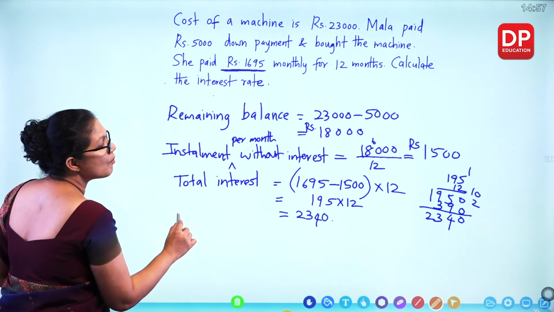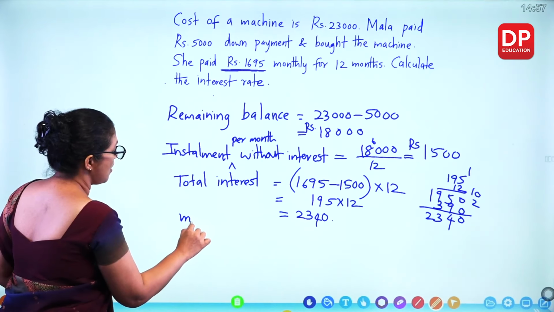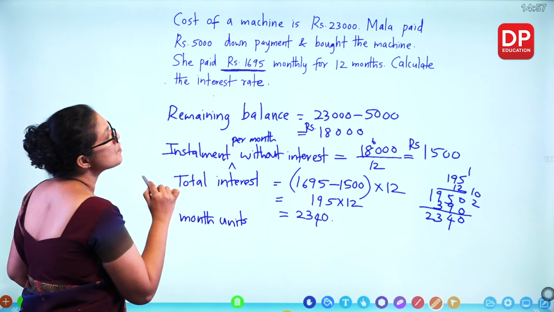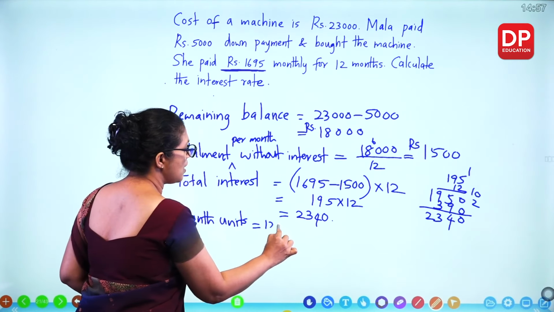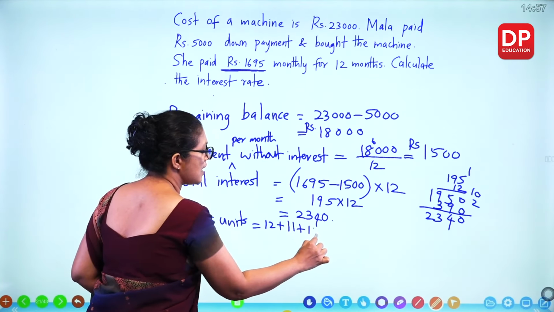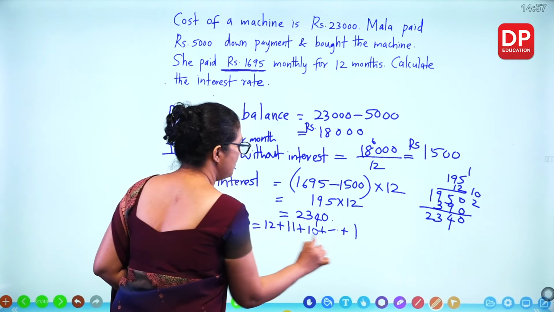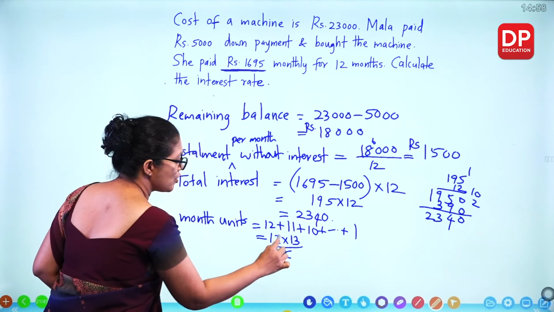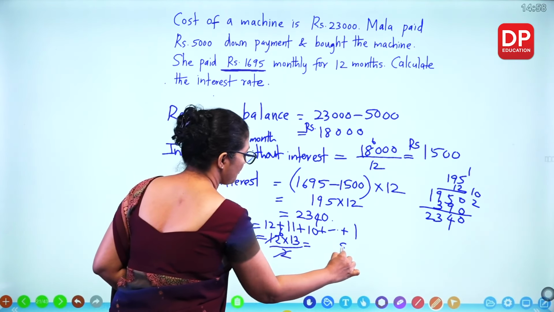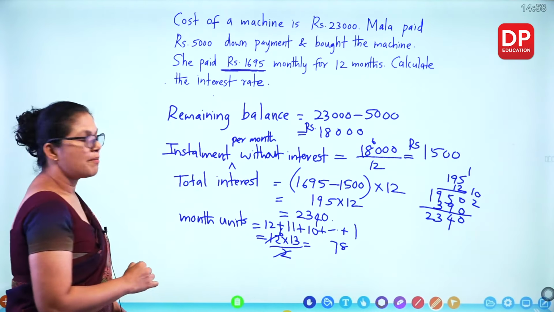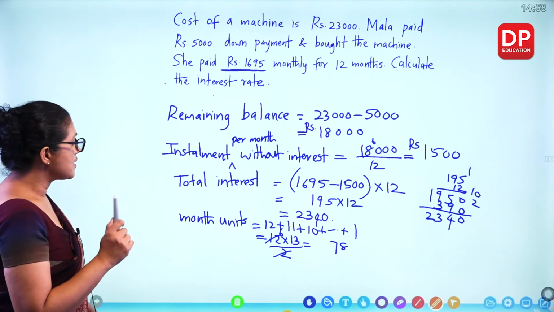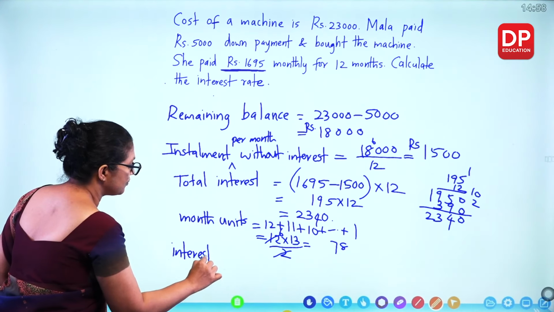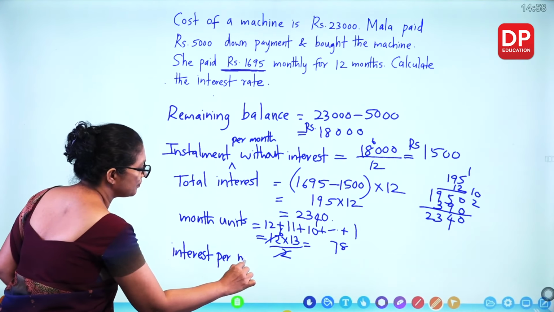So what's the month units? This is for 12 months. So this is 12 plus 11 plus 10 up to 1. That means 12 times 13 divided by 2. So 78 month units are there. So what's the interest per month unit?